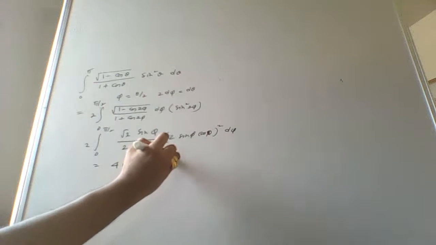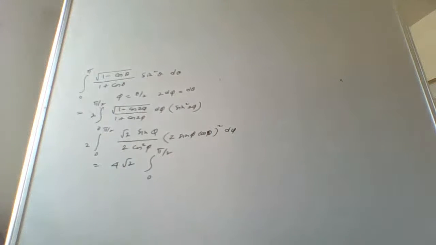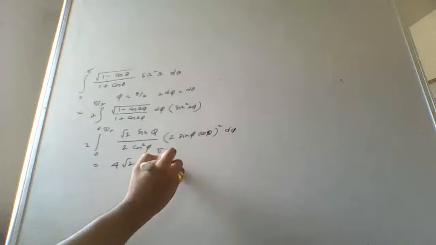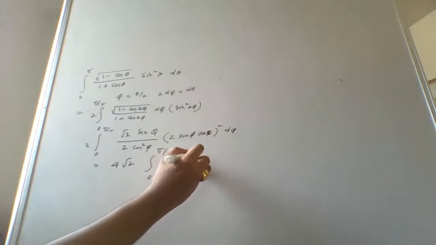integral 0 to pi by 2. Now this cos square gets cancelled. This is sine square and sine cube. So we get sine cube phi d phi.